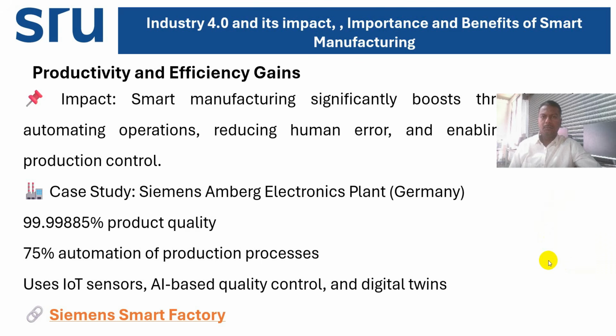With this, most of the companies started to gain advantages. Major companies like German-based companies and Siemens achieved production quality up to 99.99 percent and automation of the production process up to 75 percent.